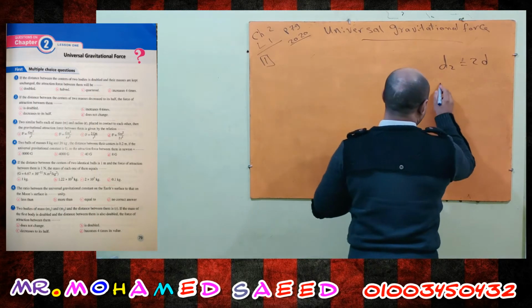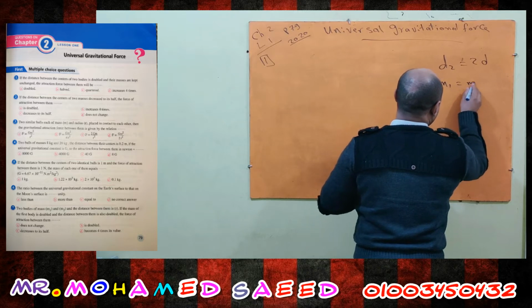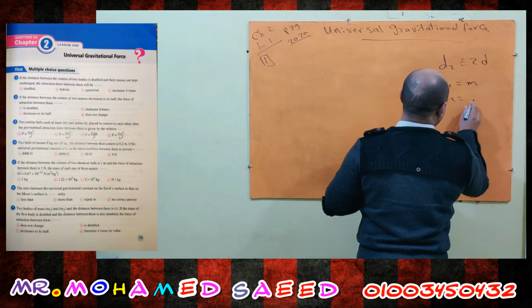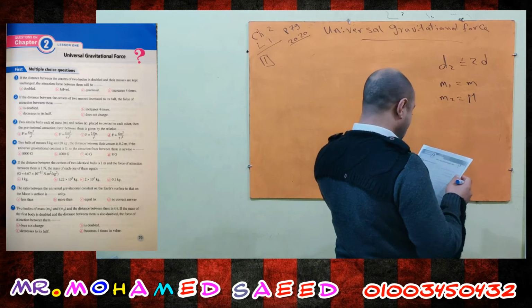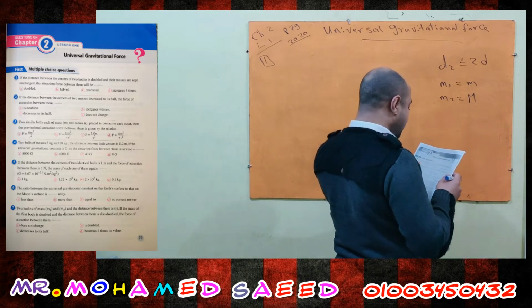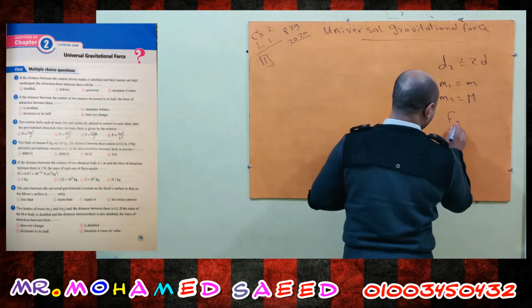M1 equals M, M2 equals M capital, for example. They are not changing. The attraction force between them will be, so F2 equals what?